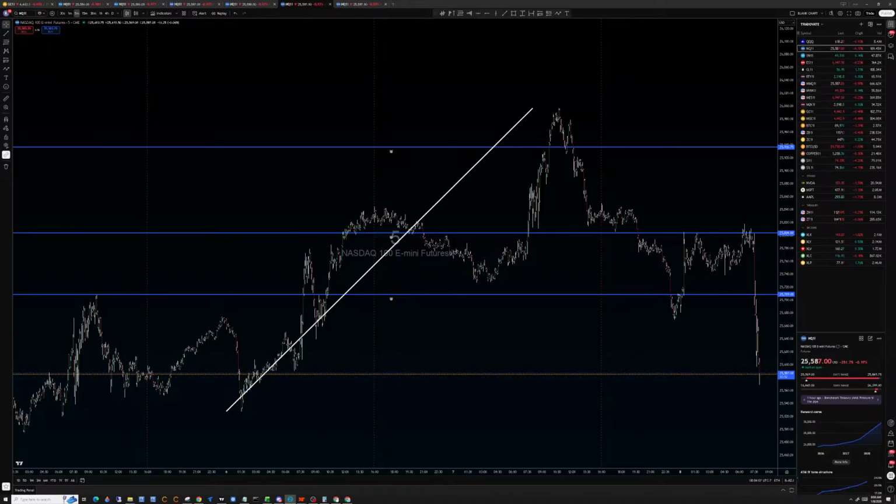So at this point, delta's flattened out. At this point, it's really about looking for your entry, whatever you would consider low enough risk for you.